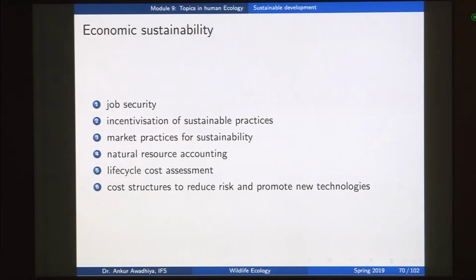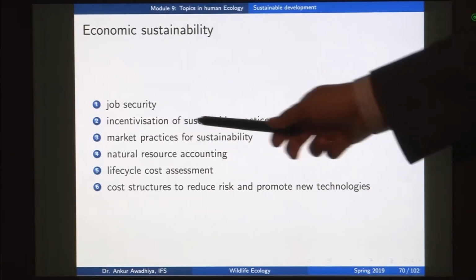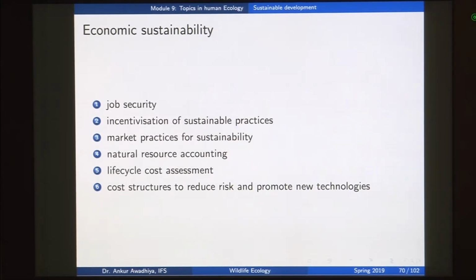Now, when we talk about topics like these, we are talking about economic sustainability by incentivization of sustainable practices, or maybe penalization of non-sustainable practices. Or we can talk about things like market practices for sustainability, or things like natural resource accounting.